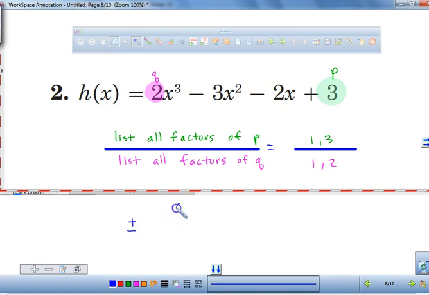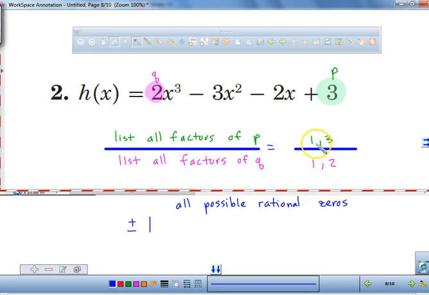So right now we're going to list all the possible rational zeros. What you do is you take this number and you divide it by this number. So you could say one of the possible rational zeros is plus or minus 1.